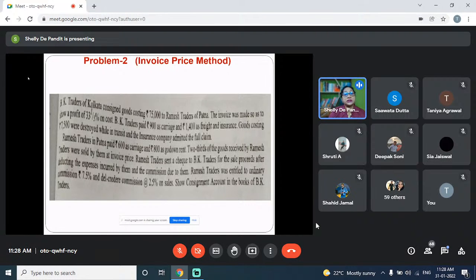So the consignee sent a cheque to the consignor for the sale proceeds in the usual manner, that is after deducting the expenses and commission, and enjoyed an ordinary commission and also a del credere commission. You are asked to open the consignment account in the books of the consignor.